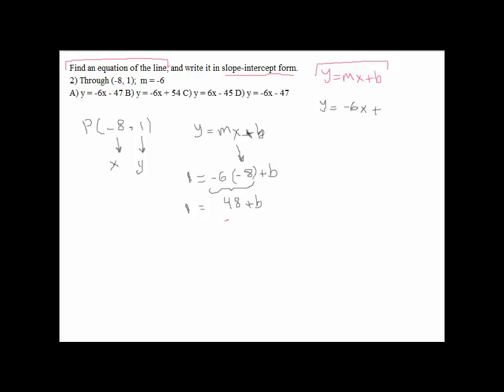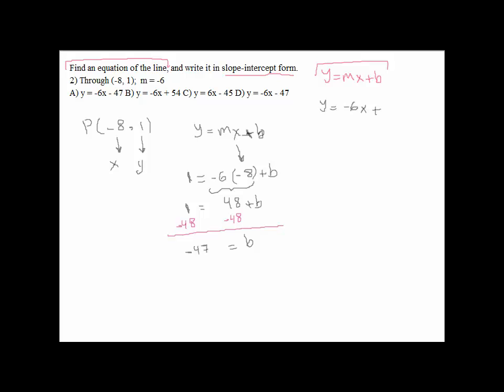You have to subtract 48 from both sides of the equation, right? Does that make sense? Okay, so what is B equal to? So it would be -47, right?